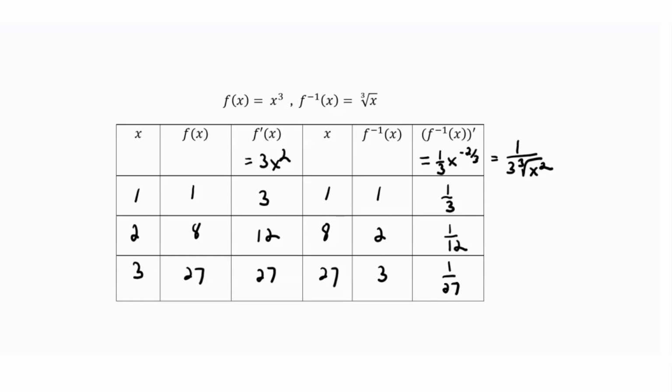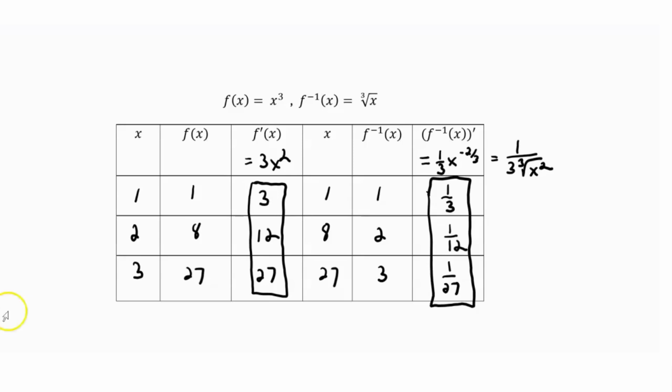I want you to look and see the relationship between the original function's derivative value at a point and the inverse. Hopefully you can see the pattern, where it is the reciprocal. Let's do some problems using this concept.